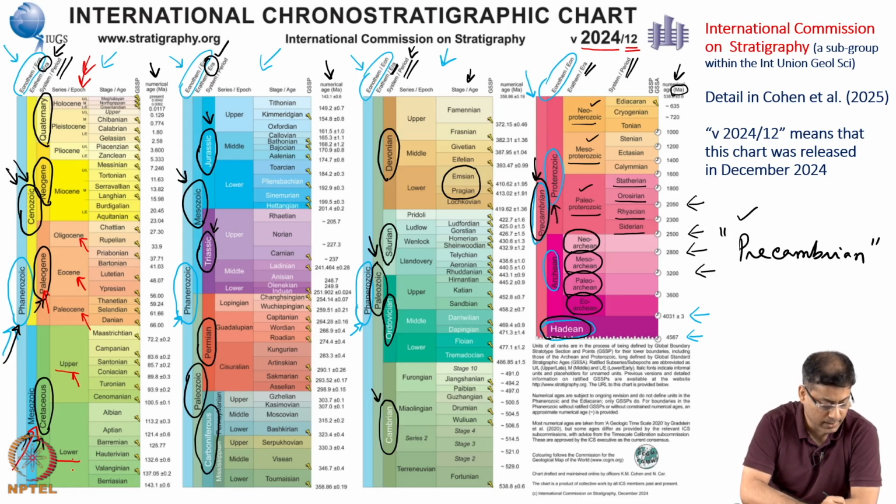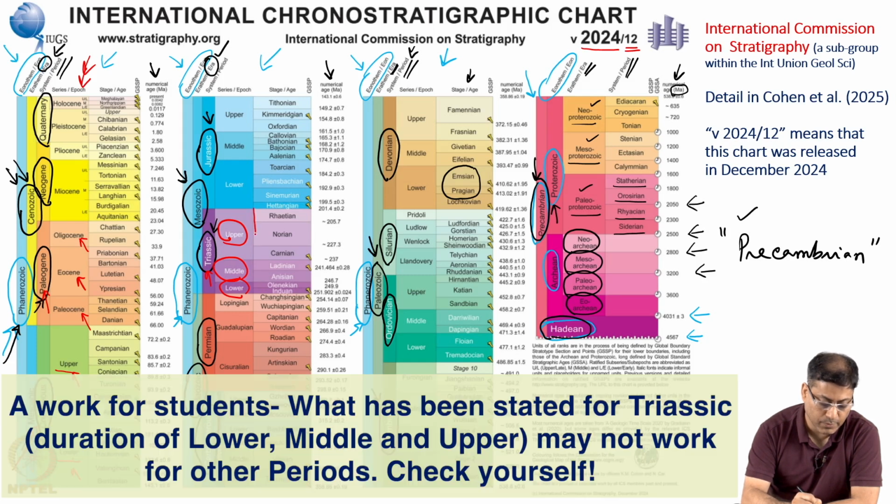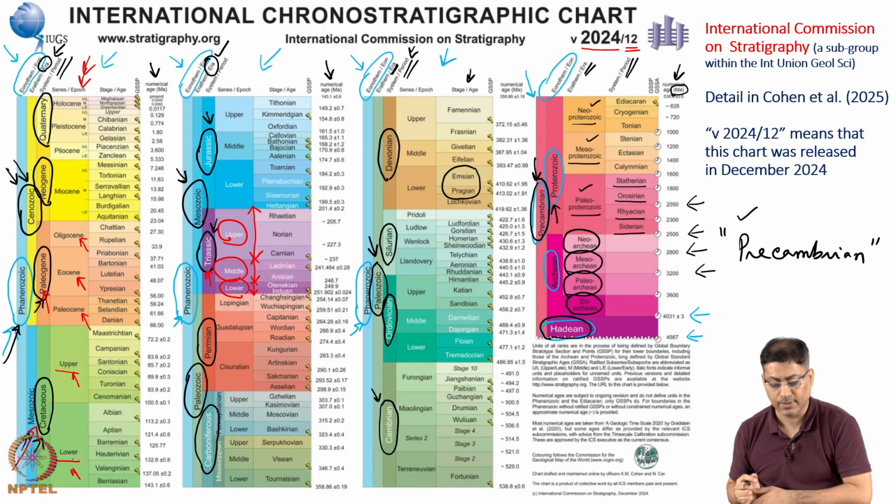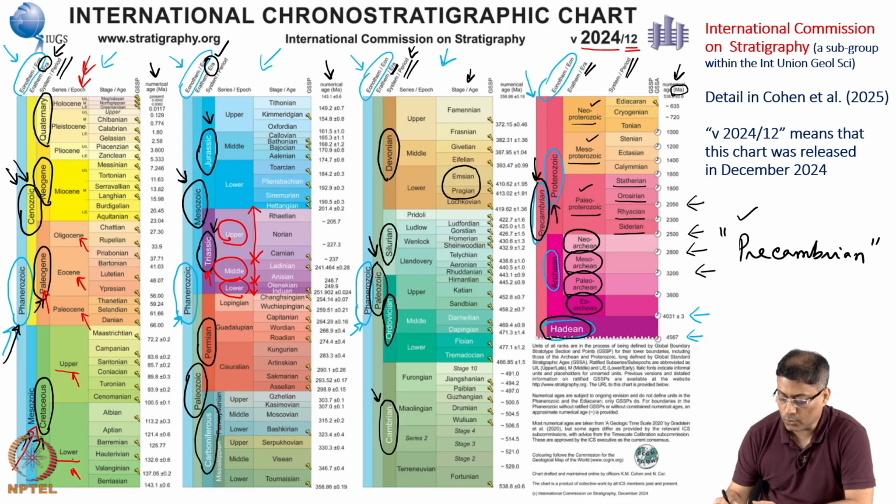Sometimes we divide a period into three portions: lower, middle and upper. And note that the time duration of upper is much more than that of middle, and the middle epoch time is much more than the lower. So, one interesting thing in the geological time scale is that time has been divided non-uniformly.